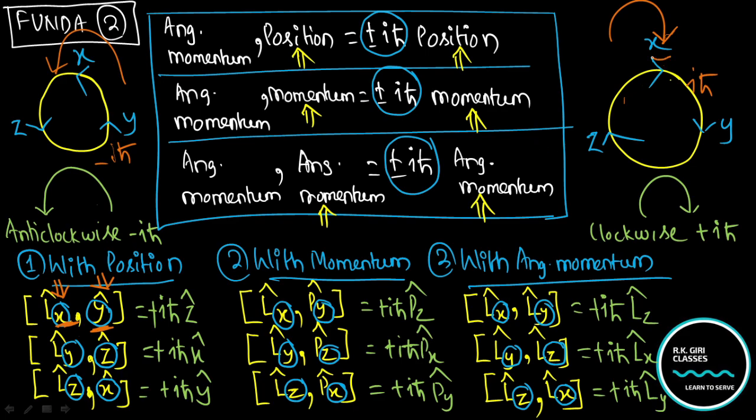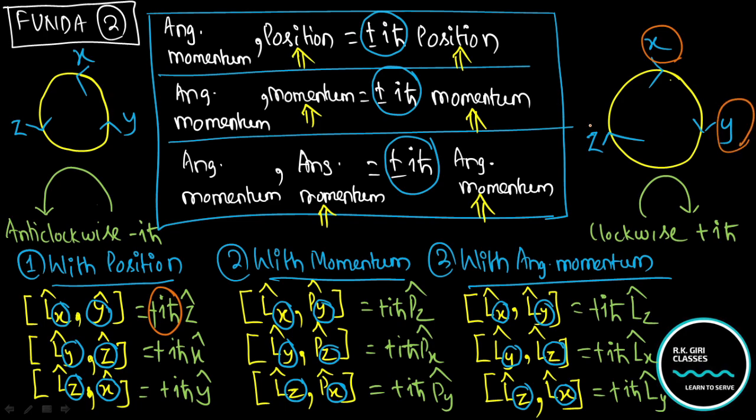Now X with Y is a clockwise rotation, that means plus iħ. Since you have X and Y, the last will be Z, that means iħ Z.